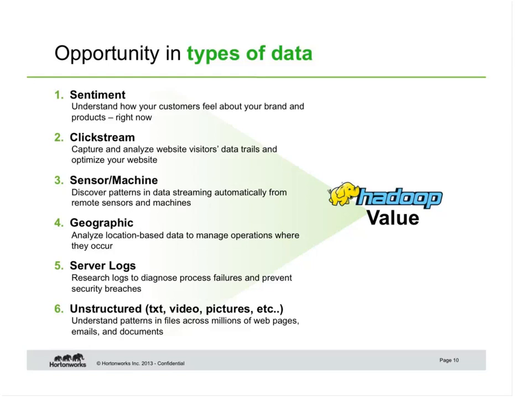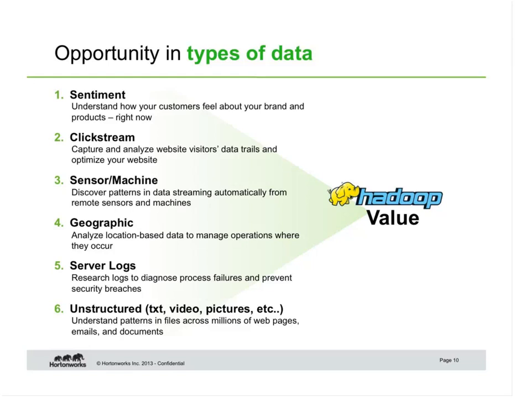Sensor machine data, almost everything's instrumented. GE engines that run in Boeing aircraft now kick off 30,000 data points a second. So huge amounts of data being created by being able to collect that machine-generated data. It enables further analysis. Geospatial, where is a product or service being consumed, right?